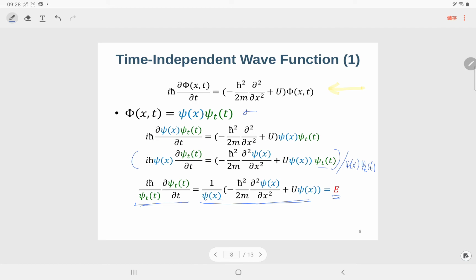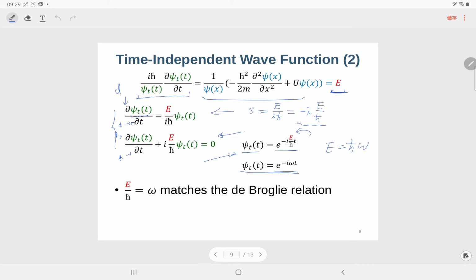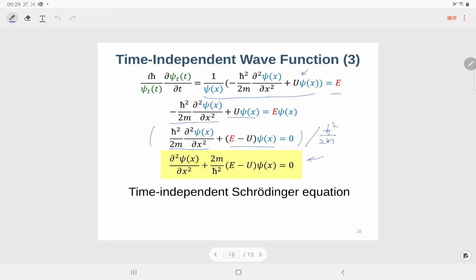You cannot make this assumption. Then it will become a time-dependent wave function, and they cannot be separable. But for simplicity, for some of the cases, you already assume that the situation doesn't change, and you can assume that the wave function is time independent. So you can make variables separable, and then you come up with this time-independent Schrodinger equation.